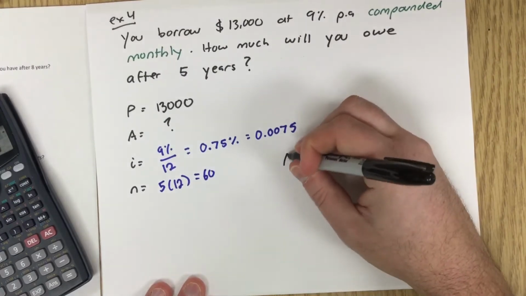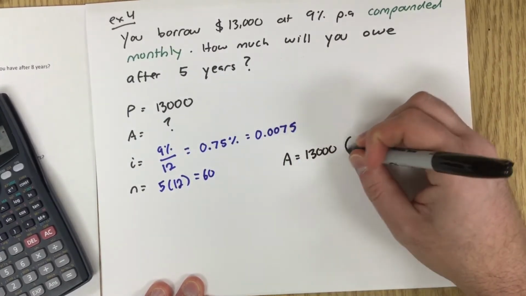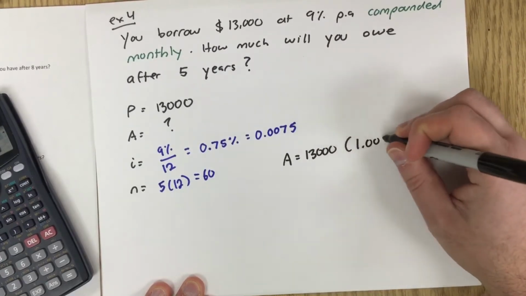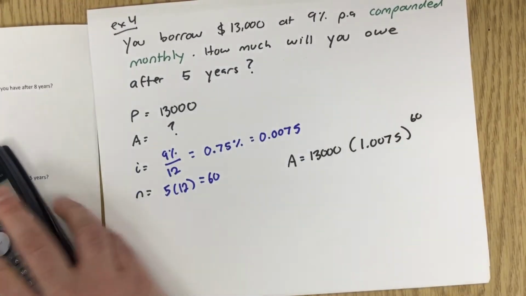So our A is going to be equal to 13,000 times 1.0075 to the power of 60.